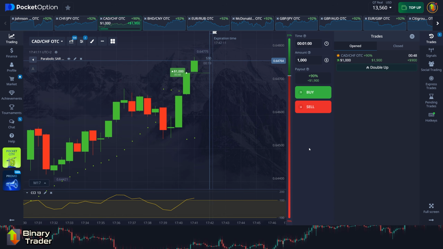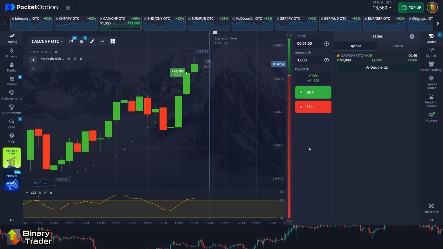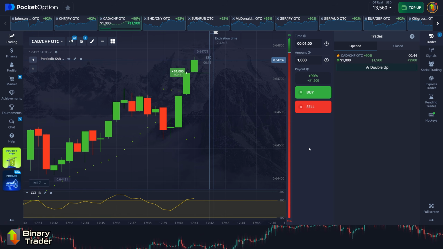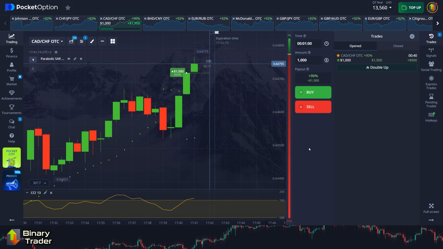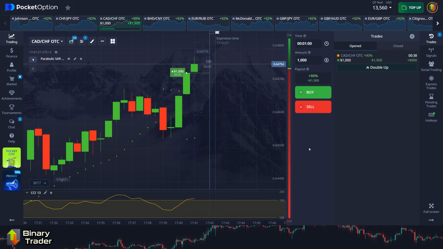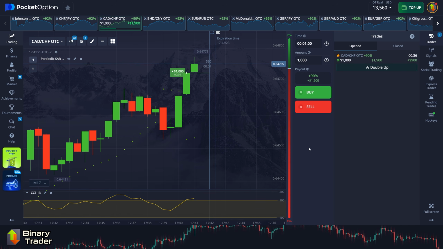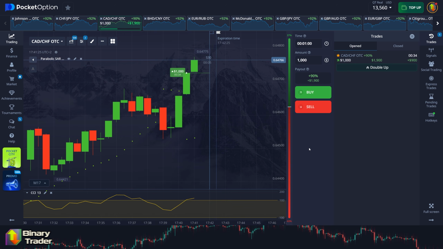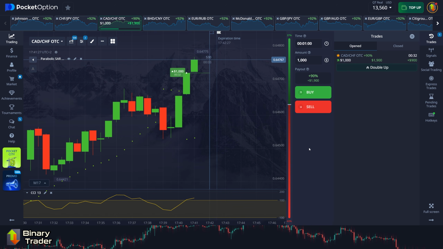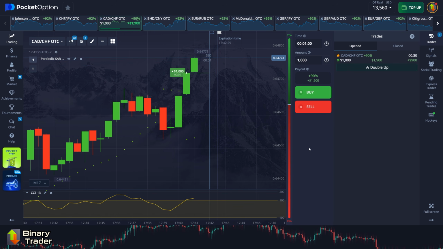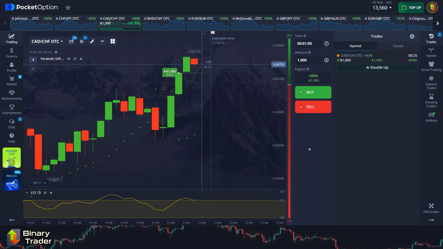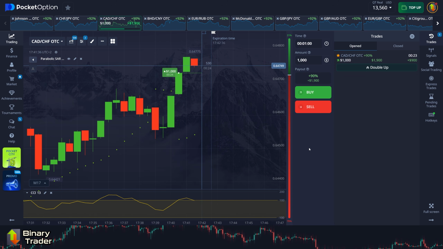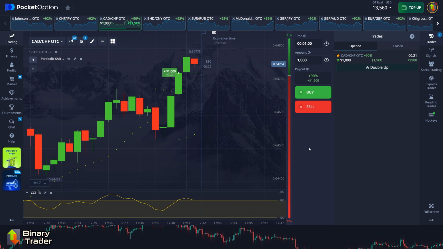Nice initial push. No strong rejection yet, though it's just halfway. And sellers are stepping in.